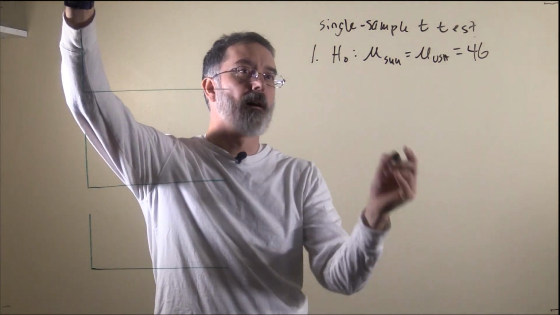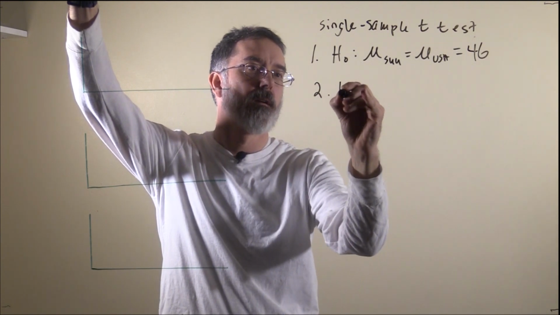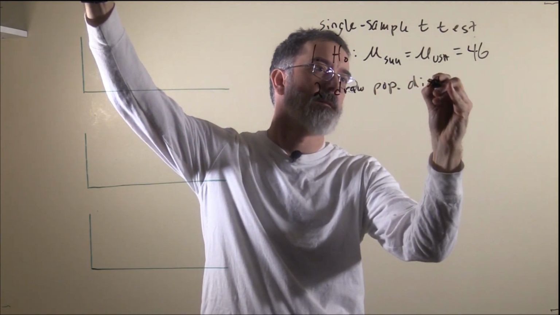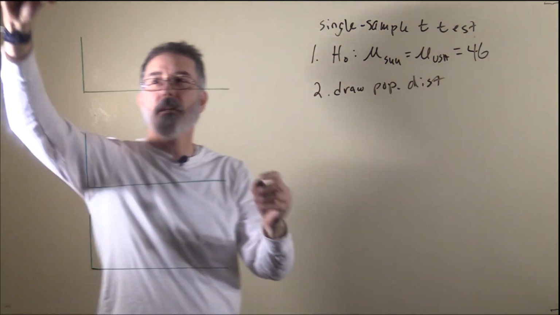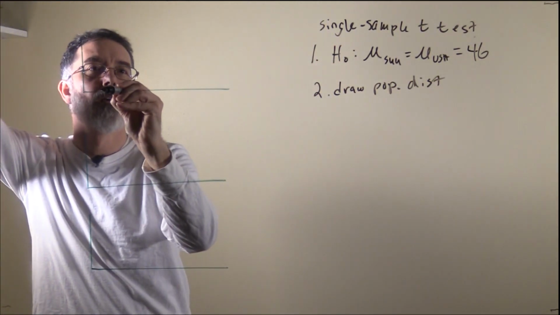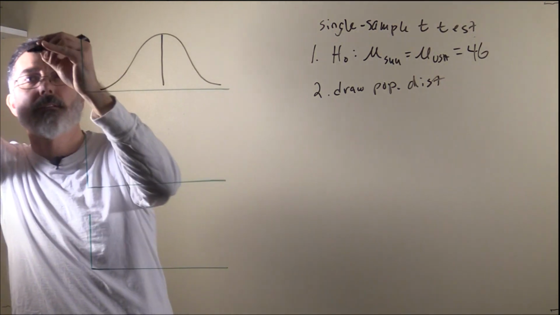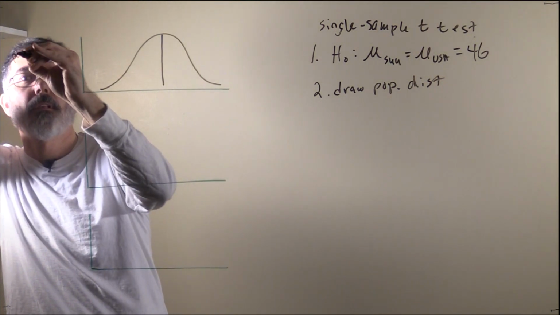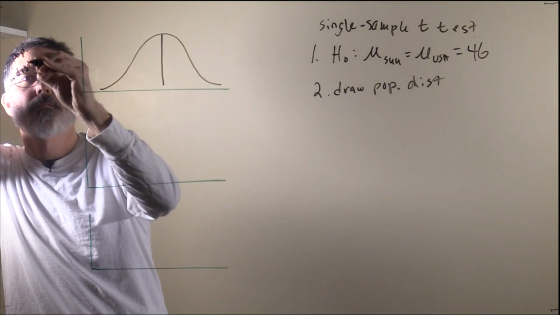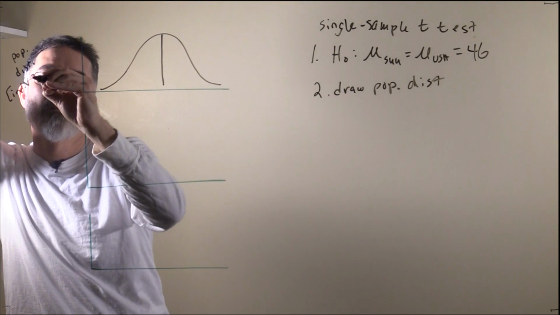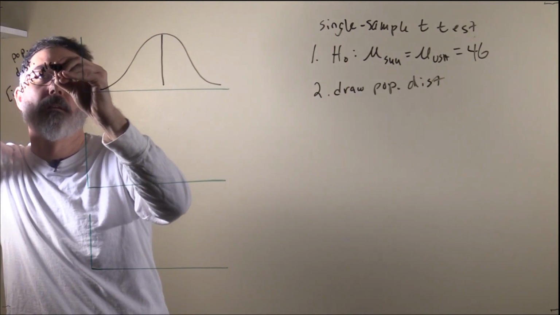Right? So the next step would be to draw the population distribution. Okay, so that's going to be over here. We're going to assume it's a normal distribution like we did before. This is the population distribution. This is individuals.